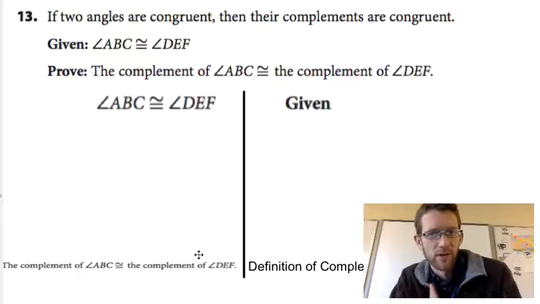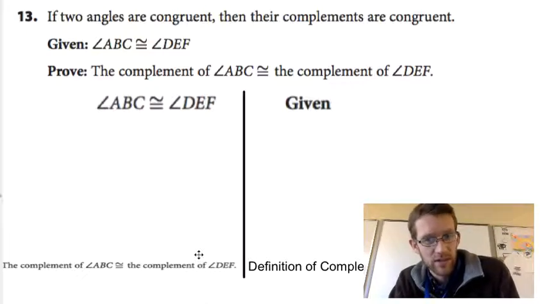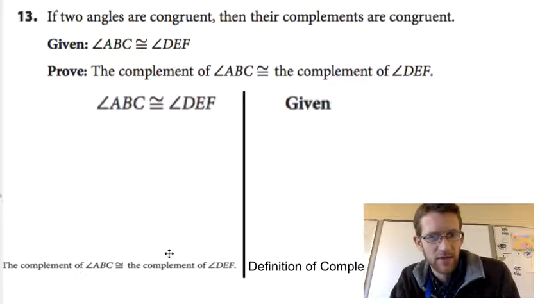So what is the definition of complement? Complementary angles are angles that add up to 90 degrees, but more specifically, we're not asking for the definition of complementary, we were asking for complement.